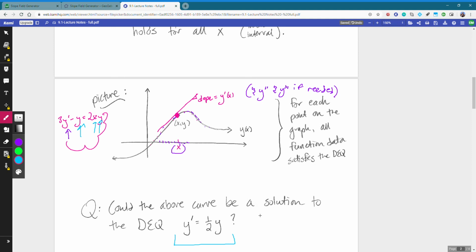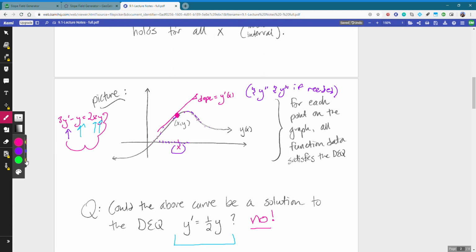All right, well, there's a number of different ways that we could see what's going on here, but the short answer is no. Our curve here could not be a solution to our differential equation.